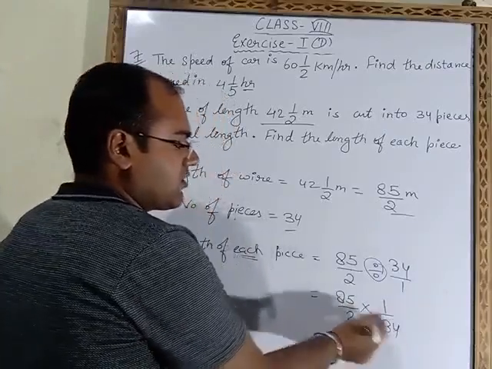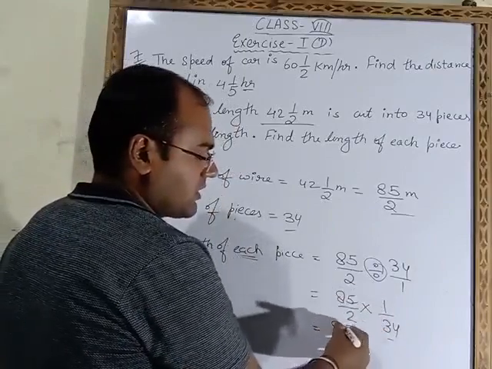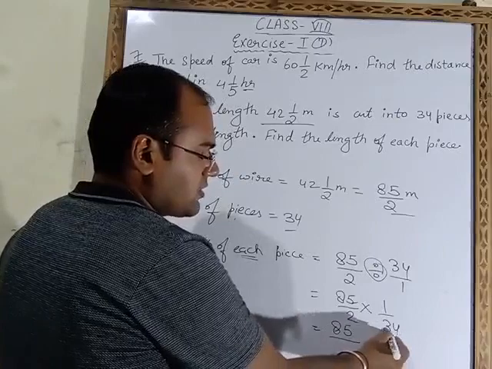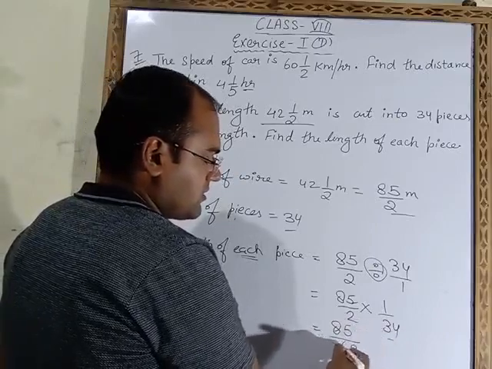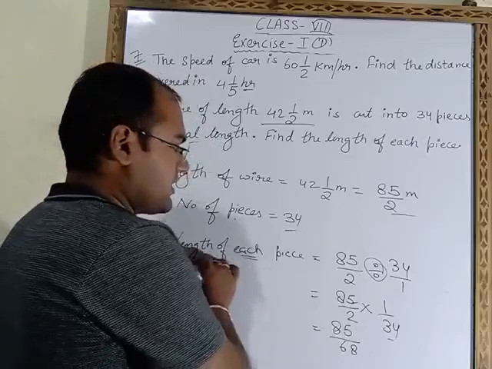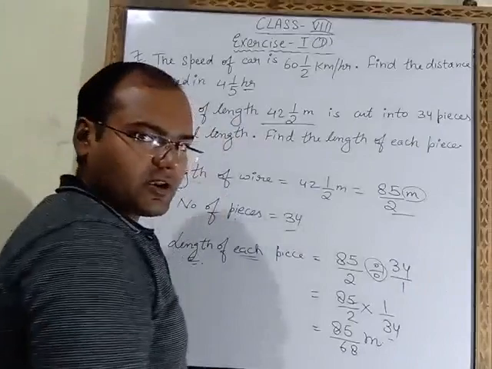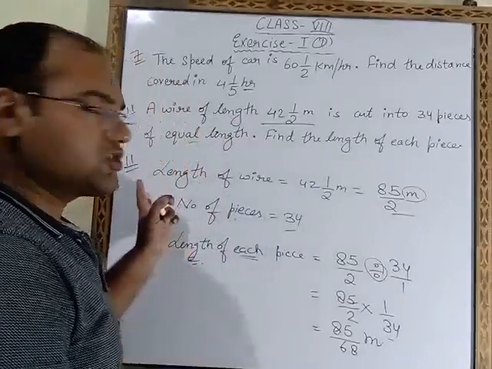So now we will not be able to cancel these numbers. So what we will do? We will multiply it. 85 upon 34 to the 68. The length of each piece. What we are finding? We are finding the length. What is the unit here? Meter. So here also we have to write meter. So this is the answer of question number 11.